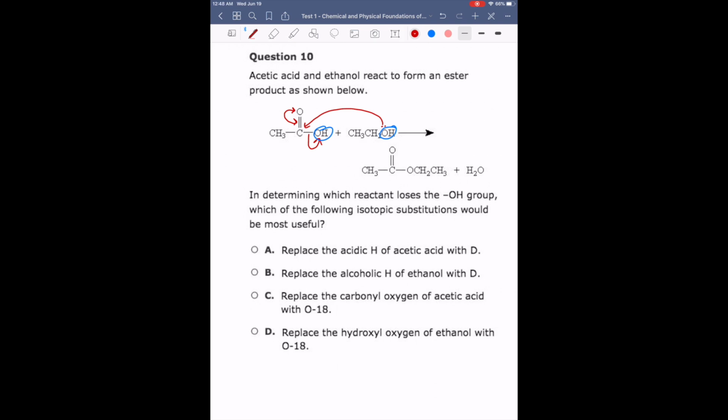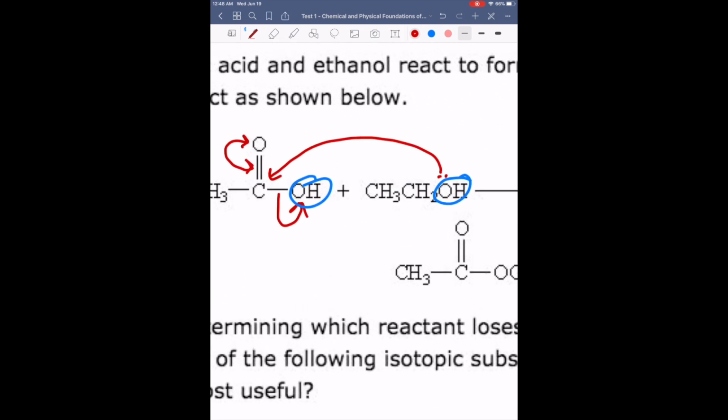Well, if we want to figure out which OH group is lost, what we should do is change the oxygen. Right now, the isotope that we have most of is oxygen 16. So if we change it to another isotope, such as oxygen 18, and we do that for either this oxygen over here or this oxygen, then we can determine which compound actually lost their oxygen.